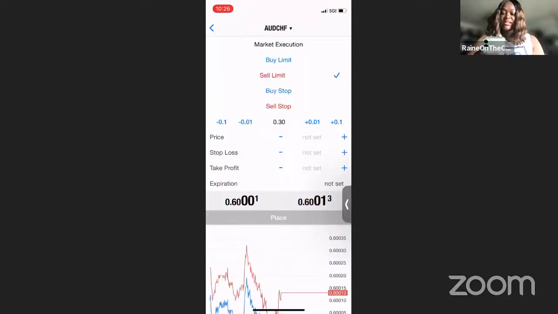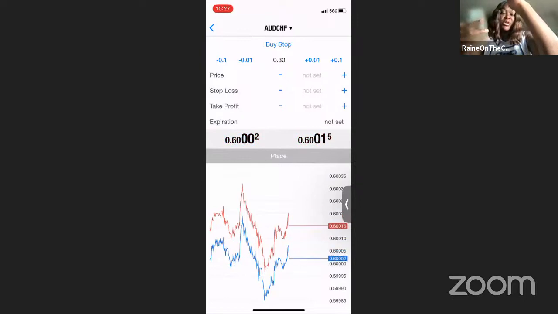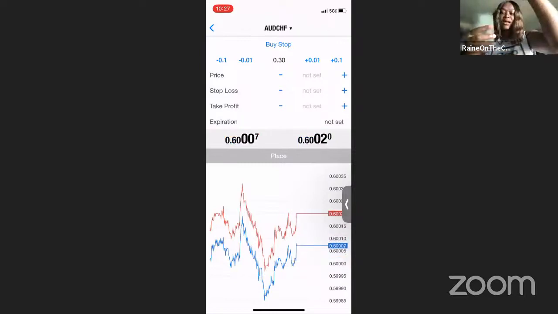Gotta make it the buy stop. Buy stop means it's a kind of a runaway train. So you're saying, okay, price is going up. If it goes and breaks through a zone and does not pull back, doesn't come down, oh, the trend is going upwards now.